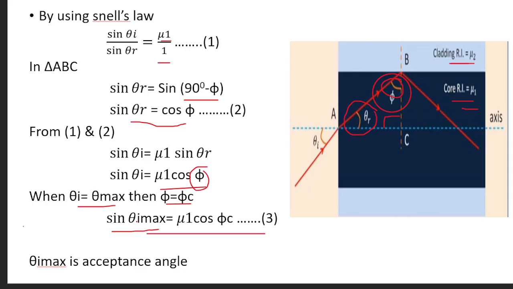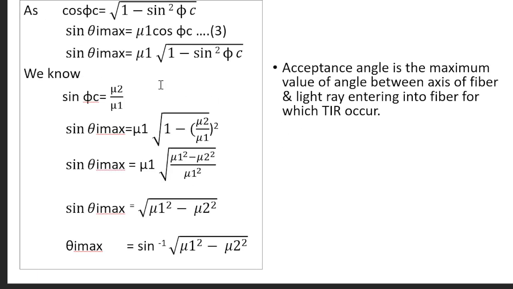Here theta I max is nothing but the acceptance angle. So now, as we know, cos of phi c is equal to the square root of 1 minus sine square phi c. Here we are using the identity sine square theta plus cos square theta equals 1.